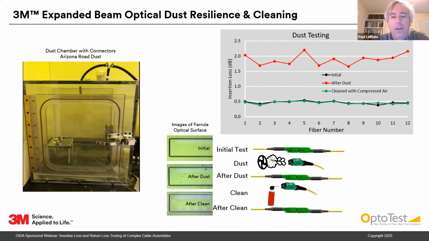And then we can deposit dust on the connector to raise its insertion loss from, say, an initial value of 0.4, 0.5 dB up to around 2 dB after the dusting. And then after the dusting occurs, you can use compressed air to blow off the dust on the ferrule, and then you can remate and measure the insertion loss again.